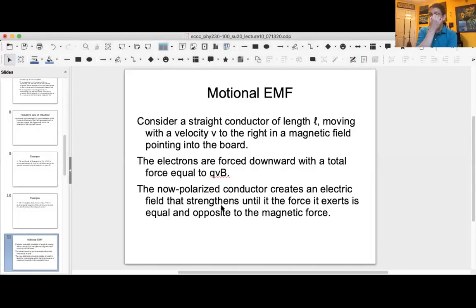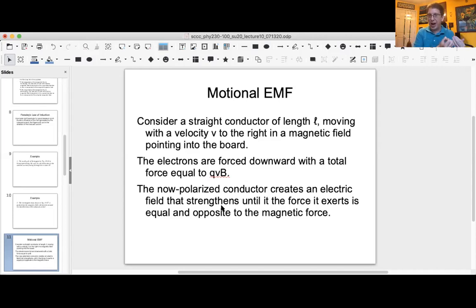Again, to summarize, you have a moving conductor exposed to a magnetic field. So the electrons get forced to one side. So you have basically a negative end, and where the electrons have vacated, you have a positive end. So you've created a potential difference. However, as the potential difference builds up, as more electrons accumulate on that one side, the electric force comes into play.